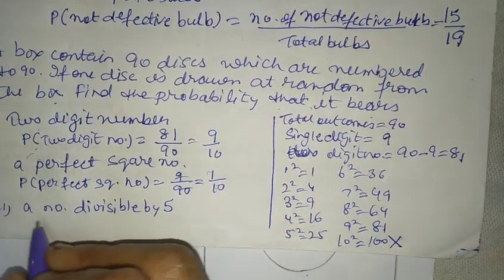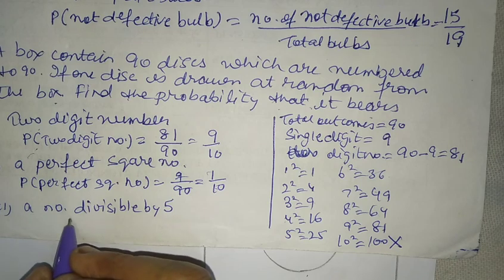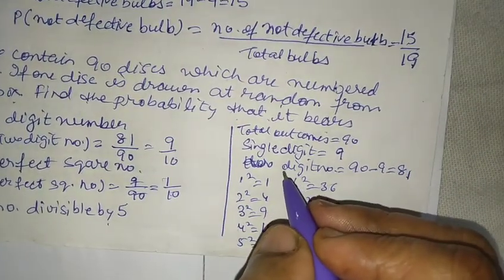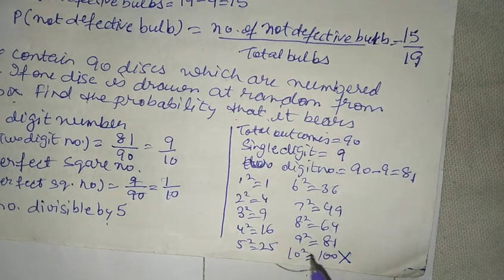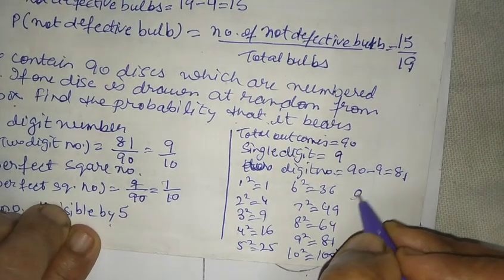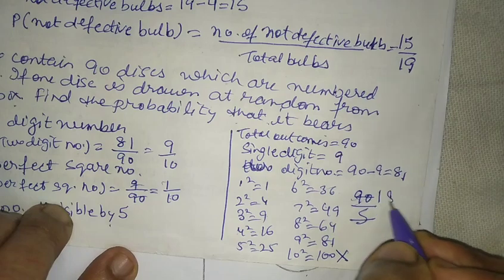Now the third part is the probability that the disc bears a number divisible by 5. So total outcomes we have 90. We have 90 numbers here, 1, 2, 3, 4, 5, 6, 7, 8 and so on up to 90. And the numbers divisible by 5 will be 90 divided by 5, that is 18.